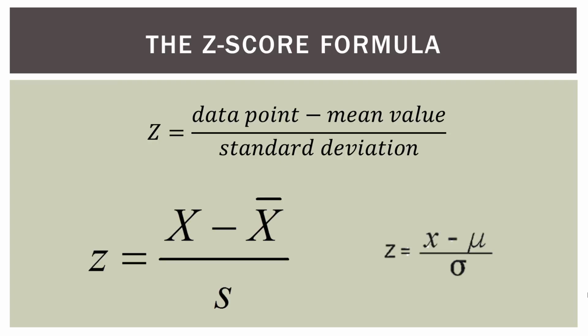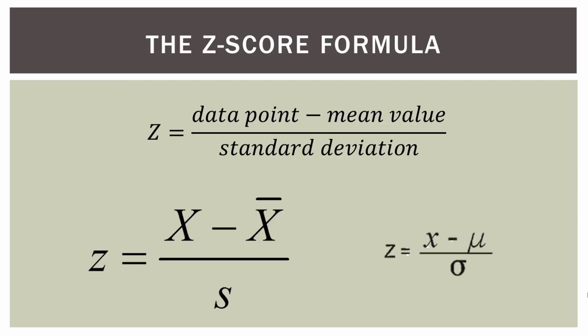So you can see the z formula in a couple different ways. It just depends on the book you're working with, but the basic idea is the same. So in the left-hand formula we have z equals x. Now x is our individual data points in our actual data, minus the mean, that's x bar of our data. So we take that difference and we divide it by our standard deviation.